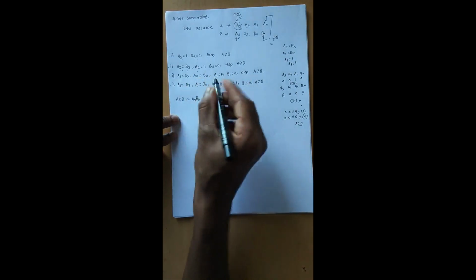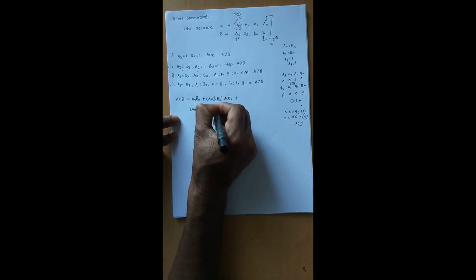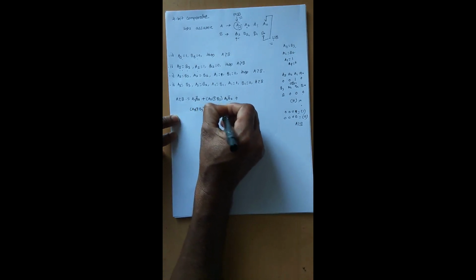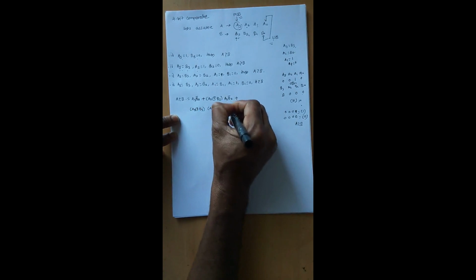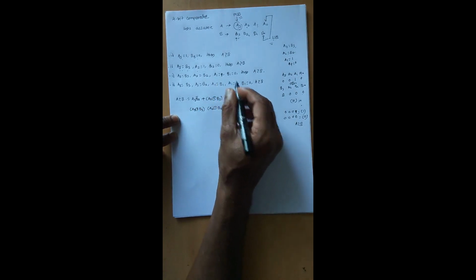Plus in the next condition, A3 is XNOR with B3 and A2 is XNOR with B2, and in this A1 is 1, that's why it is non-complement, and B1 is 0, it is complement.